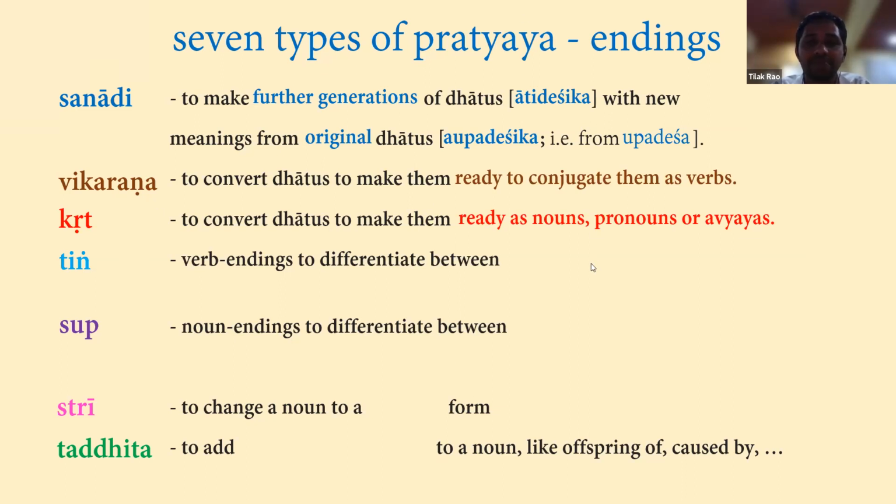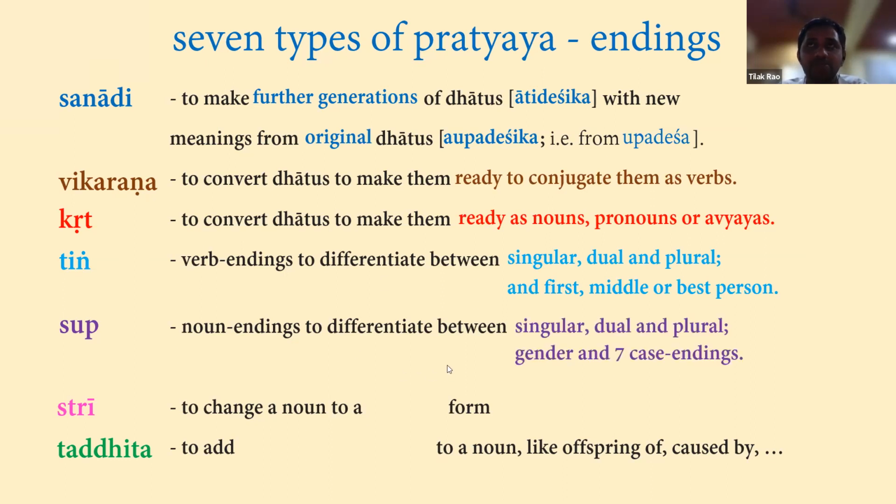Krit pratyayas create nouns and pronouns, thing pratyayas give verb endings, sup pratyayas give noun endings, stri pratyayas give feminine forms, and tadhita pratyayas add additional meaning to a noun. These are the 7 types of pratyayas in Sanskrit. To a dhatu, at different levels, these pratyayas are added to get different forms.